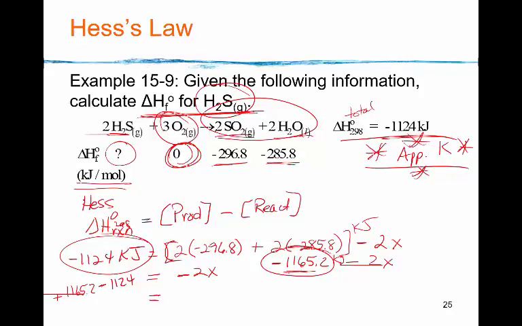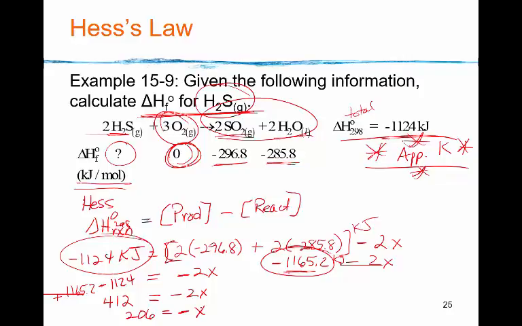So that's going to end up giving me 412 is equal to minus 2x, or 206 equals minus x.